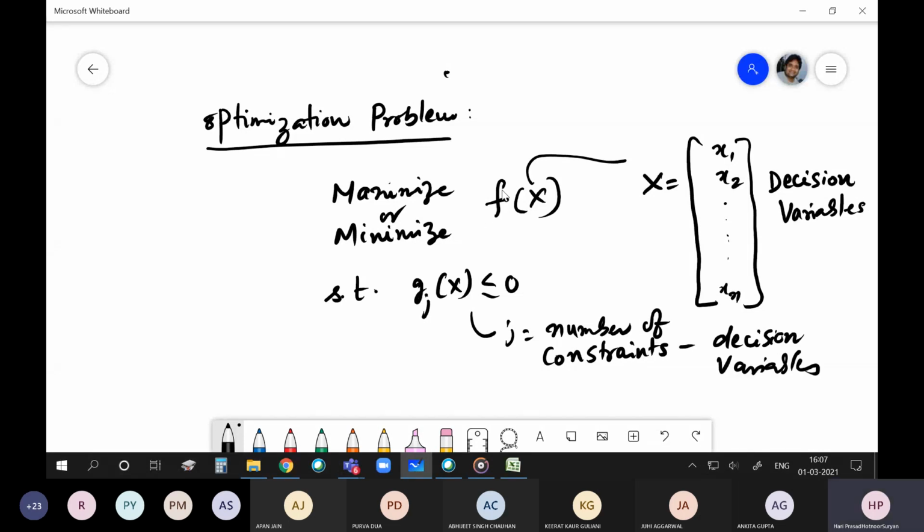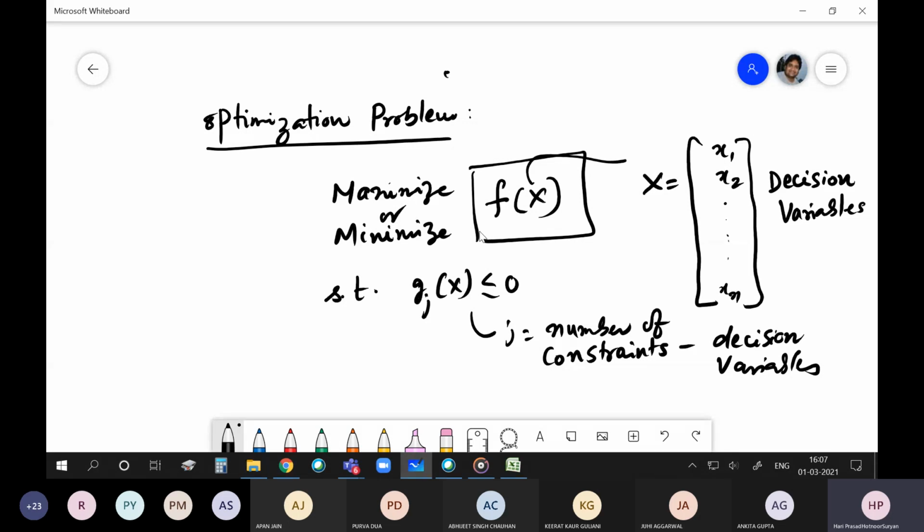So depending upon the complexity of this function, we can use a variety of methods to arrive at the optimal value of the objective function and the corresponding optimal decision variables.